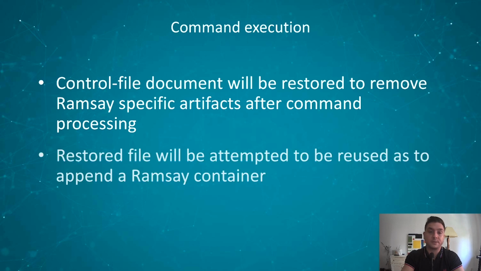But also, once this control file document is restored to its original form, Ramsay will attempt to append a Ramsay container within the context of it. And this is interesting because it means that Ramsay does not waste a chance to append a Ramsay container, even while it's implementing different types of functionalities.